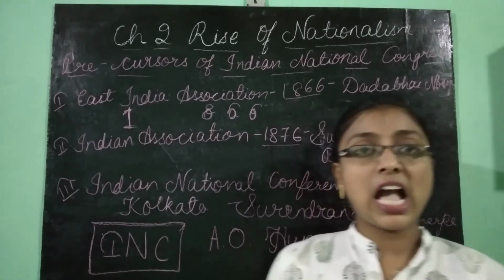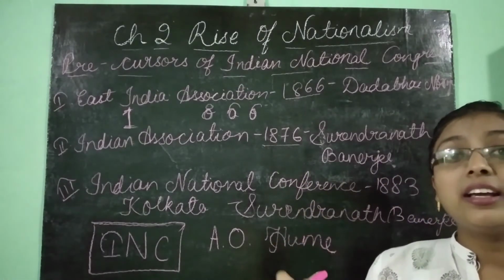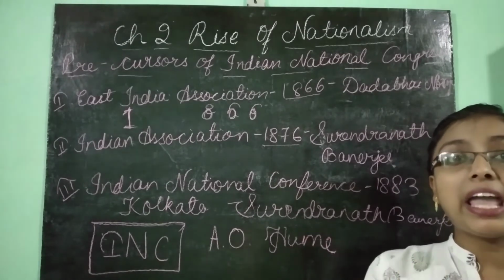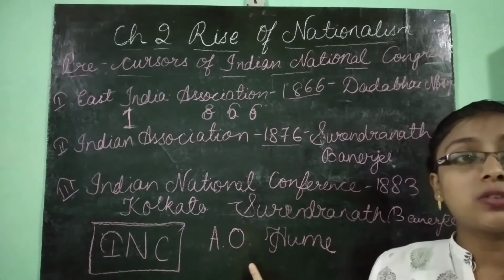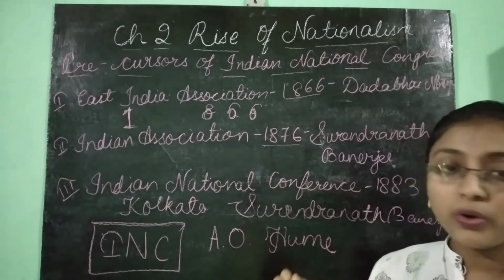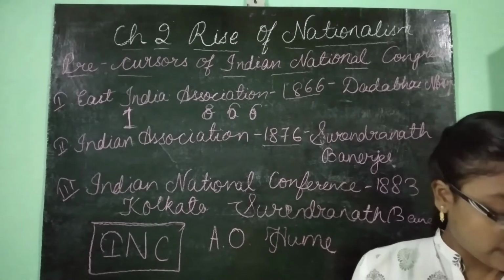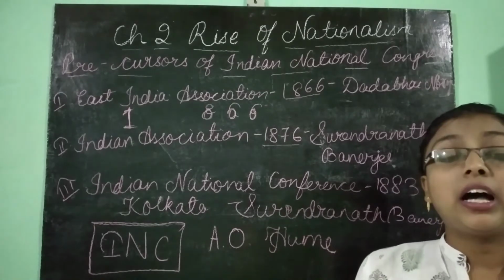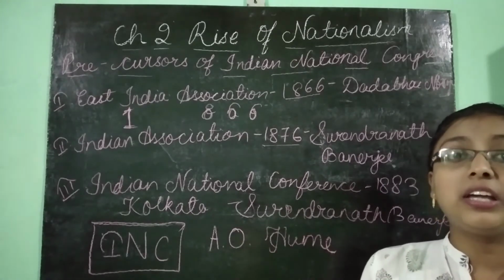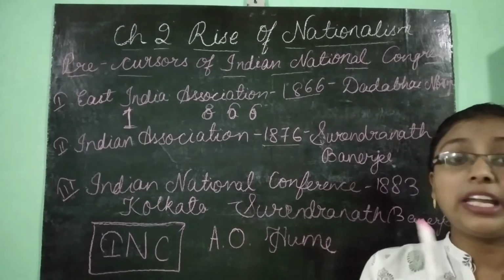But at that time, it was named as Indian National Union, and its foundation was laid by A.O. Hume. Okay, what's the name? A.O. Hume. Its foundation was laid by A.O. Hume.